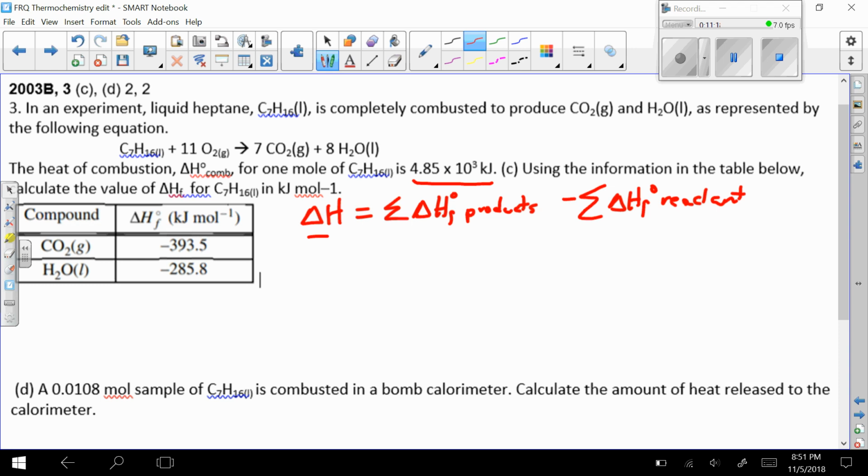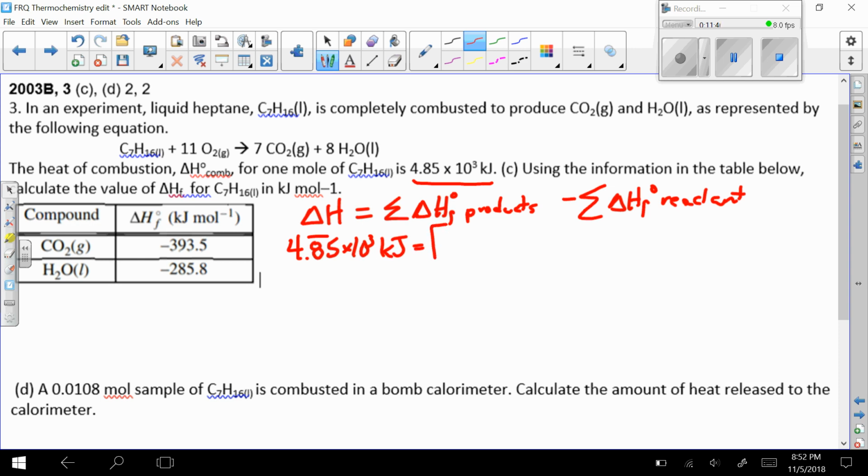That is, like I said, Hess's law. Then you can find that information. Now, putting in what we know from this problem, we know that the delta H is 4.85 times 10 to the third, or 4,850 kilojoules.